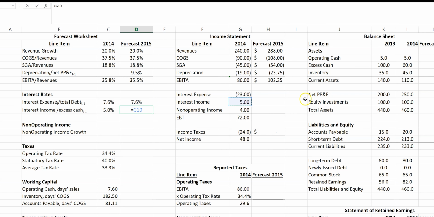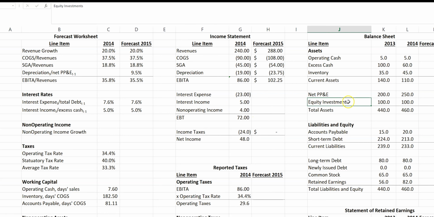So I'll take my interest income in 2014, divide that by my excess cash in 2013, and I get the percentage of interest income. Now, the last thing here is non-operating income. This is any income that I'm earning from a non-operating asset. So this could be as simple as some equity that the firm owns, and in fact, we see that the firm has equity investments.